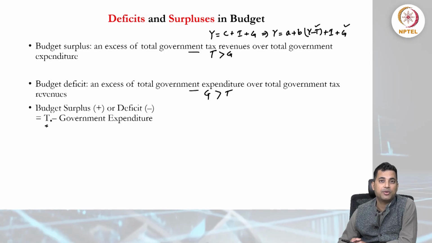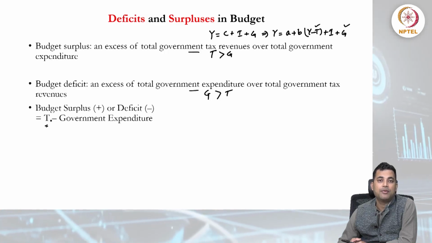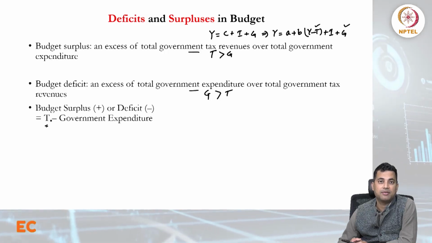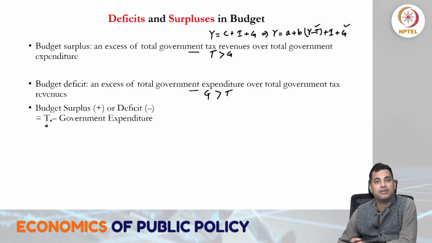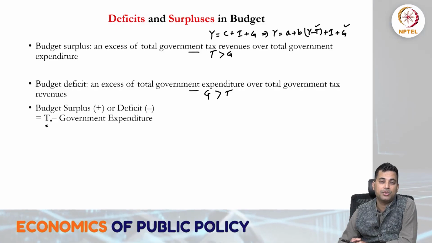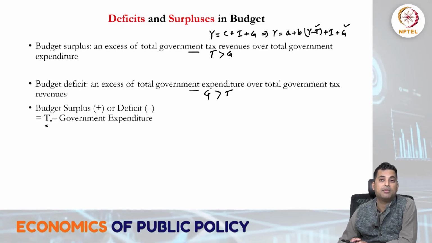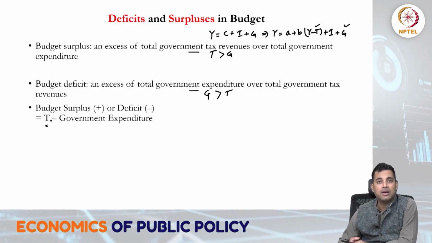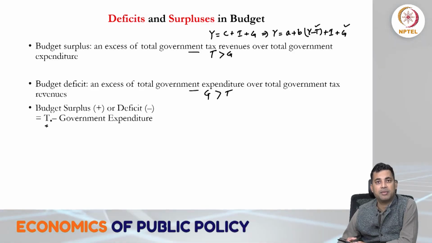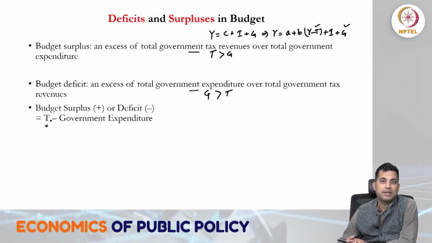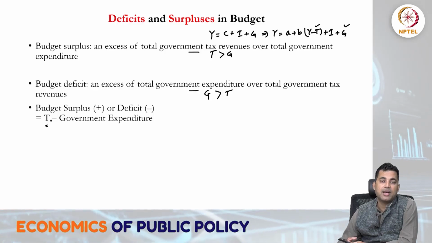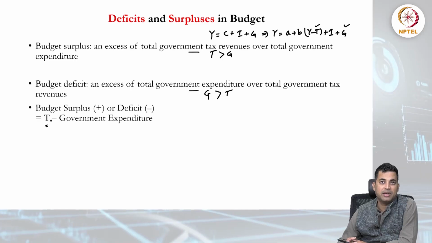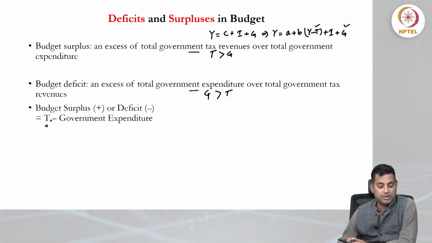So the government also borrows money, takes loans from different international funding agencies, and the rate of interest that has to be paid as a return on the loan will be part of the government expenditures. This is quite obvious: if somebody takes a loan, the rate of interest has to be part of the expenditure, and here also it is the same case.